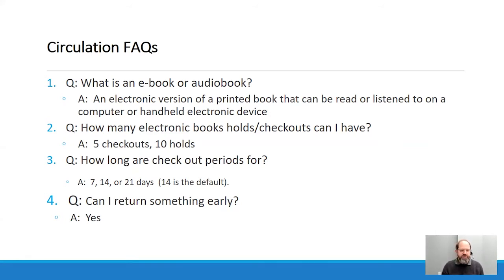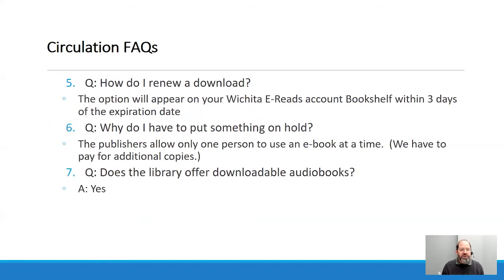And we will show you how to do that. So you can renew checkouts within 3 days of the expiration date. If no one else has a hold on it, you can renew checkout of your ebook or e-audiobook.